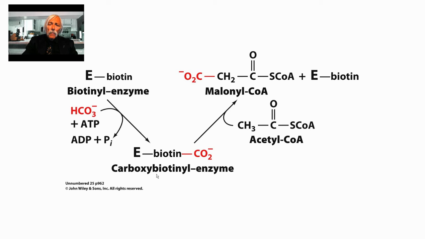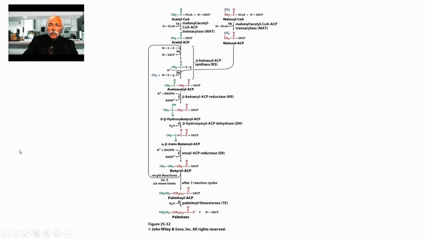So you have a carboxy biotinylated enzyme as an intermediate, it reacts with acetyl-CoA, and there's malonyl-CoA, and then you release free enzyme with its prosthetic group biotin. That's just what I spoke, and there you see it in a little bit more detail. I'm not showing you the structures there. We could do that later. Here's some structures for you, though.